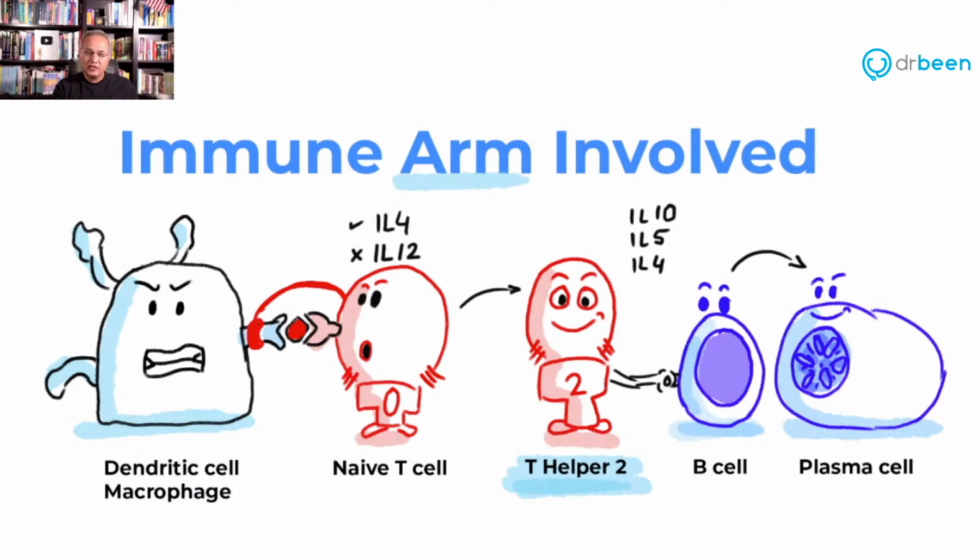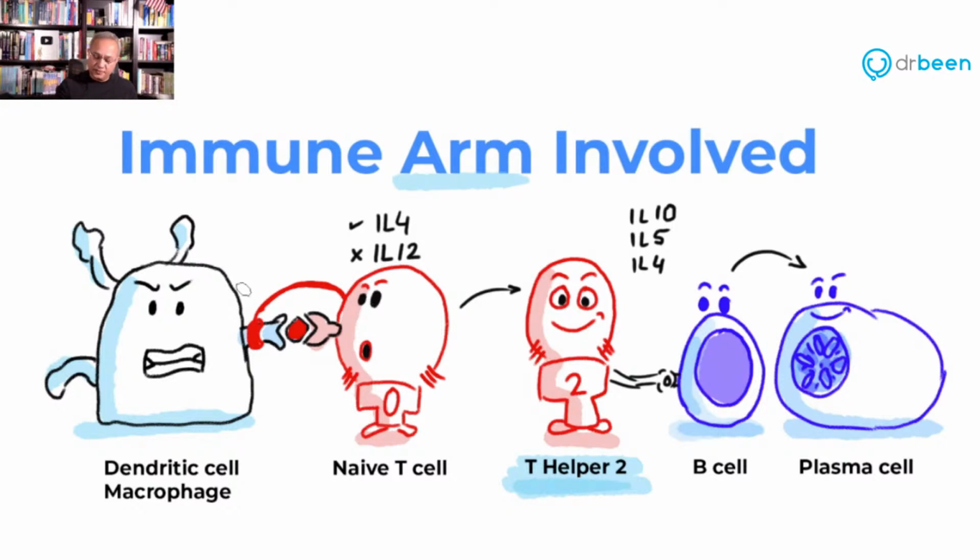And we have the cytotoxic pathway, which is the T helper 1 pathway. For allergic reactions, for anaphylaxis, the pathway that is engaged is the innate arm and then the adaptive arm T helper 2 pathway. This is important to keep in mind. This is a T helper 2 pathway related abnormality.